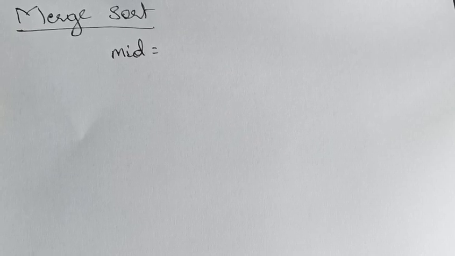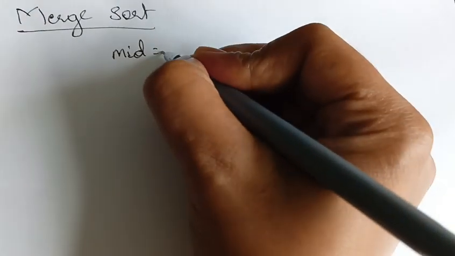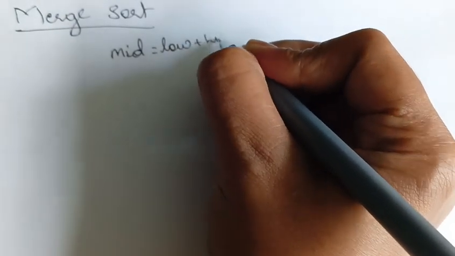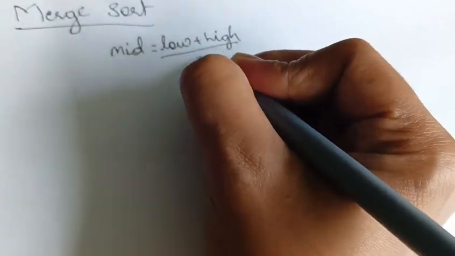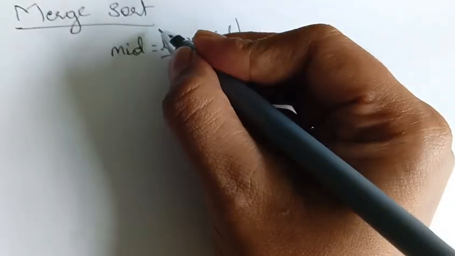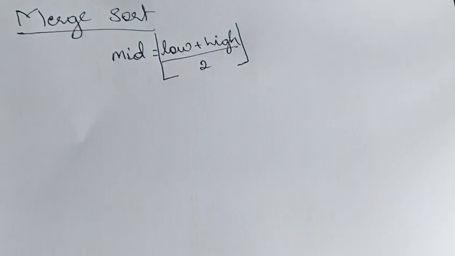For this we have one formula: low plus high divided by 2, taking the average of the array index of the first element and the array index of the last element. So mid is low plus high divided by 2, and this will be inside a flooring function.